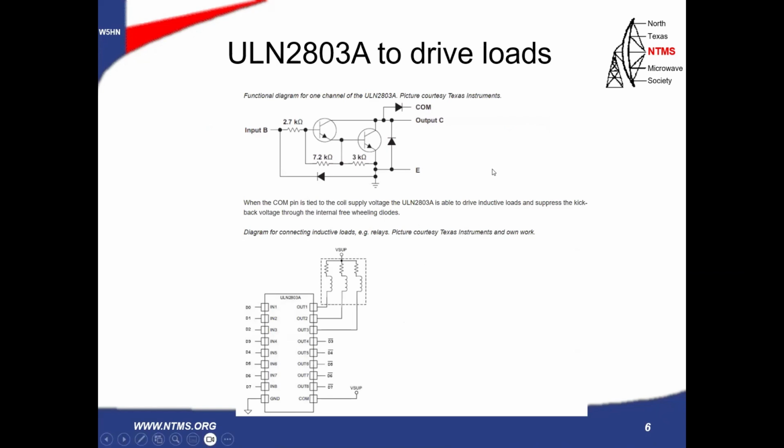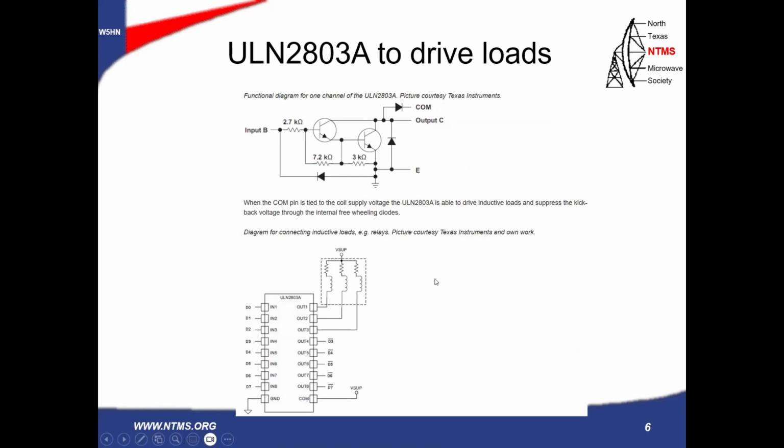Right, so there's this in-socket ULN2803. It's a Darlington pair. And when the COM pin up here with the diode is tied to the coil supply voltage, the chip is able to drive inductive loads and suppress the kickback voltage.